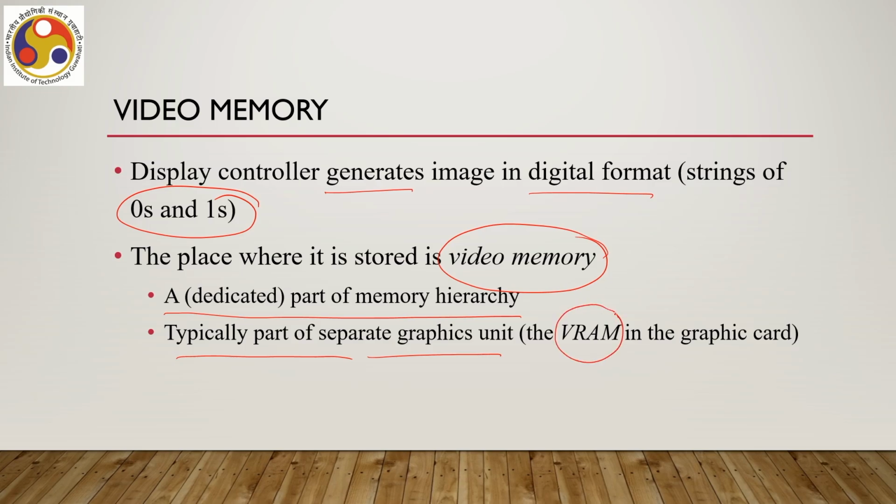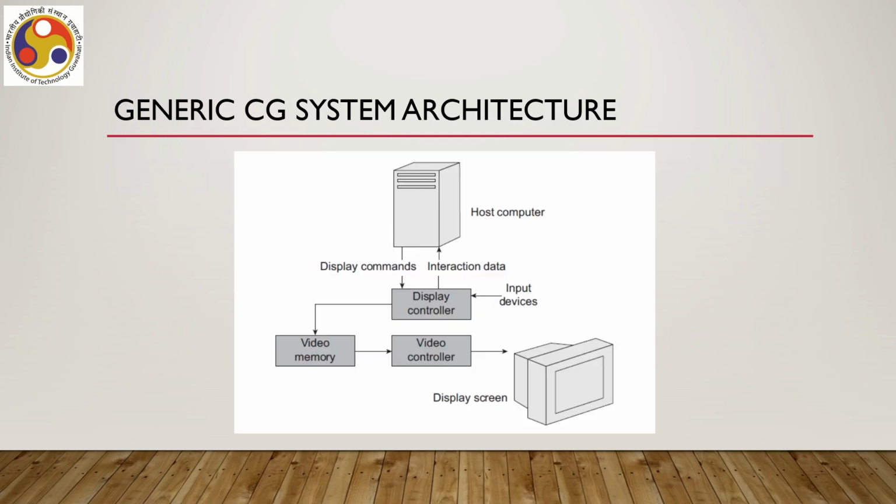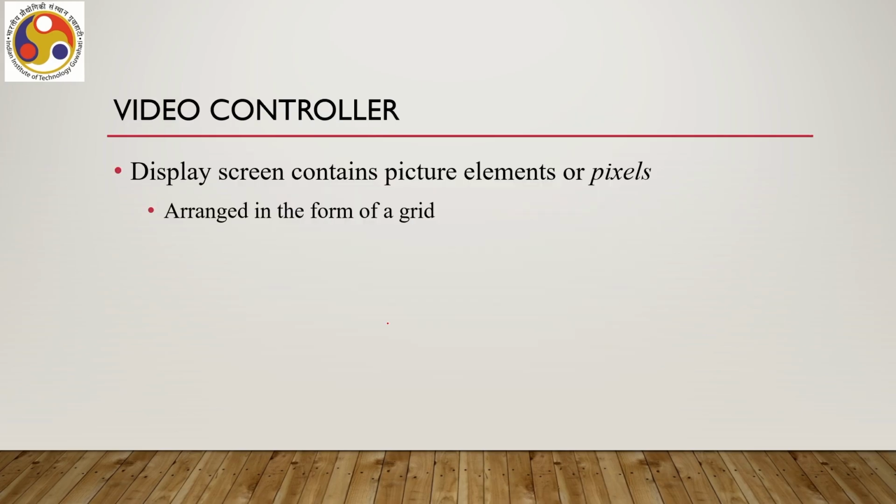Sometimes it is called VRAM or video RAM in the graphics card. Modern graphics cards come with this memory component. So, the display controller generates the image representation in zeros and ones, which gets stored in the video memory, and then we have the video controller, the third component.